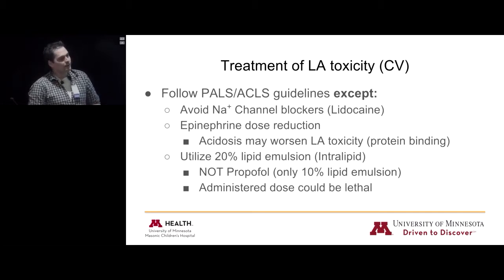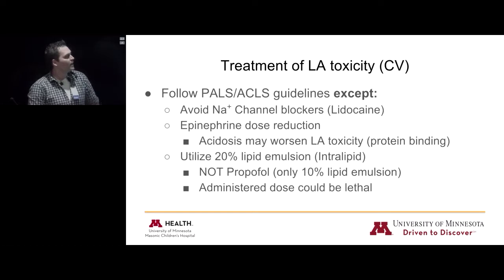The problem is epinephrine may worsen acidosis. Acidosis causes more local anesthetic to drift away from the protein, so a high dose of epinephrine might actually increase the toxicity. So small doses to support the heart may be okay, but not the typical 10 micrograms per kilogram dose. I think they go for a 2 to 3 micrograms per kilogram dose at this point.